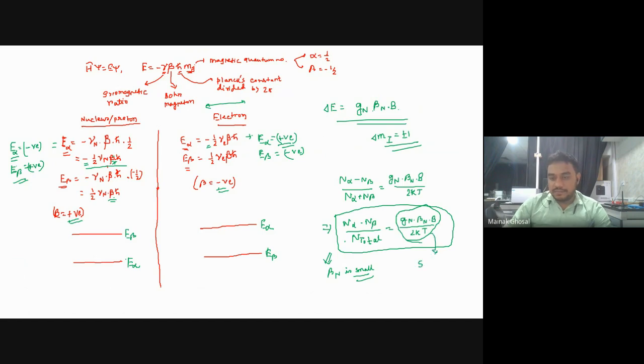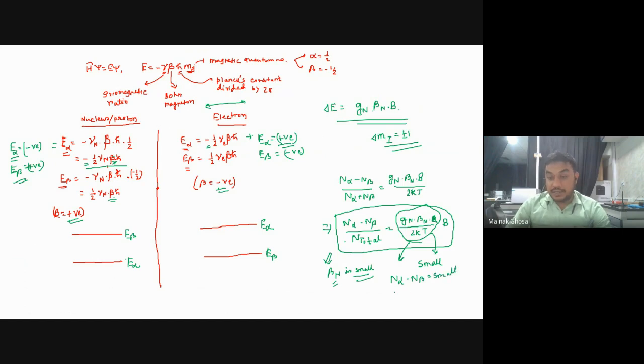This was the only part that can affect this, and this itself is small. So since beta is small, this part except B, of course, I am just writing B outside, is actually small. Since these are small, you can see the difference between the alpha and beta states is small.